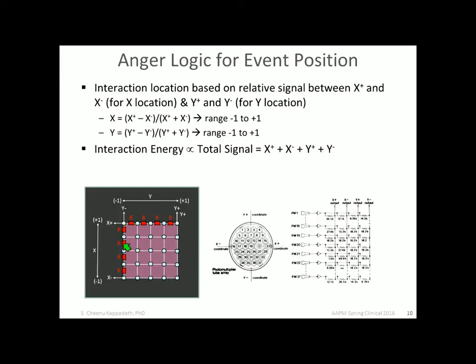Then Hal Anger in the late 60s developed a methodology to determine the position of a photon in a gamma camera by looking at the relative signal. Okay? You can visualize this as follows: if you have some signal coming out here, you read the signal out at the two ends, and there's a very well-known resistive chain put across the signal. By looking at the relative signal between one side and the other, you can determine along this axis where the position occurred.